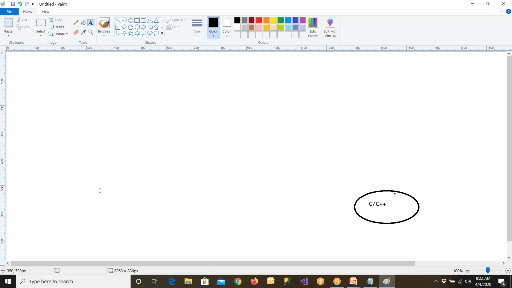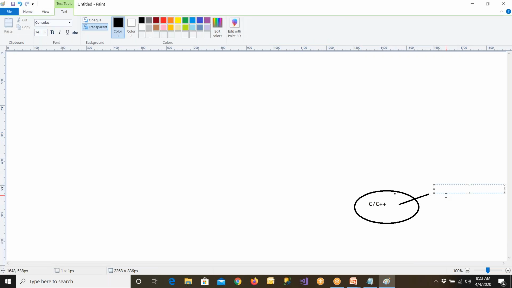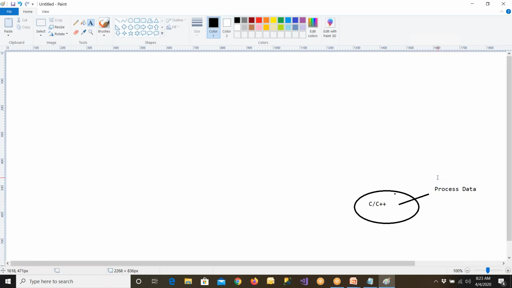We can communicate with the computers, but the purpose of a language is that I can give instructions. Language can take instructions and process the data. This is the advantage of a language.